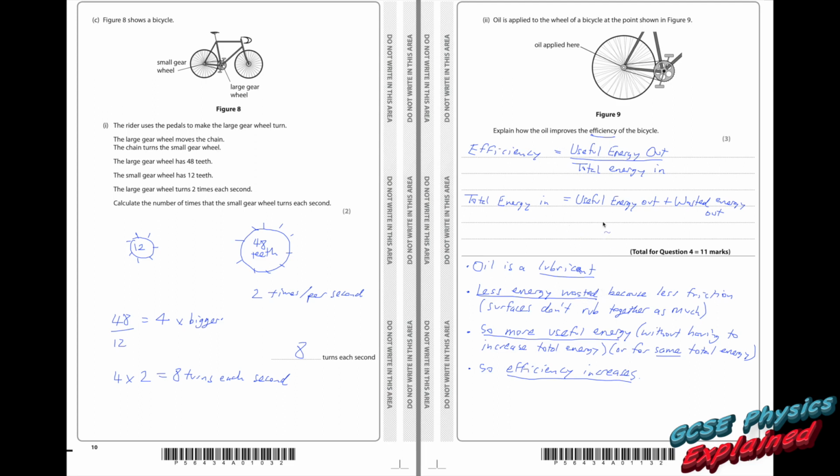It is good practice, and because I had loads of space, I thought I'd put those equations down as well for you. And what I've also got is I could even draw a Sankey diagram because I've got a little bit of room here, haven't I? So this would be your total energy in. This is your useful energy out.